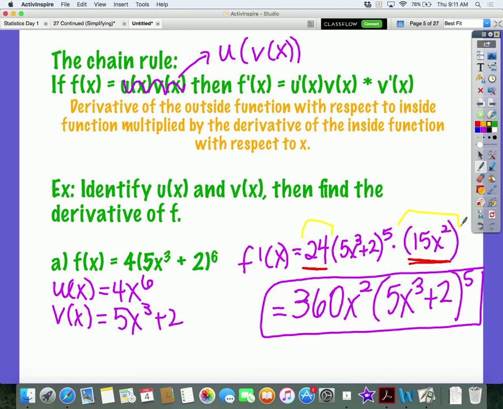So really, you could expand this and then multiply everything by 360x squared, but that's how big your numbers would be if you actually try to sit there, expand it, distribute, and then take the derivatives. You'd waste almost 10, 15 minutes, and heaven forbid you make a mathematical error somewhere.